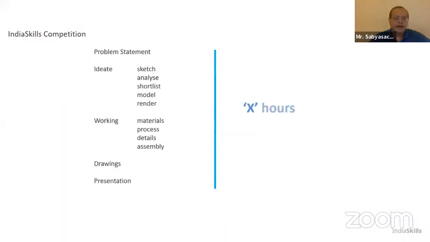All right, so let's look at industrial design and the kind of process that you have. You will be given a certain number of hours to run through an entire design exercise. You start from the problem statement, then you have to define what the problem is.